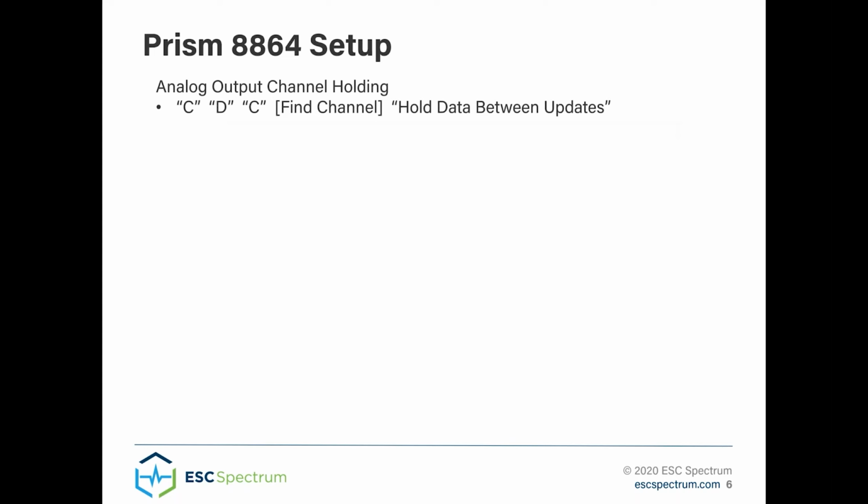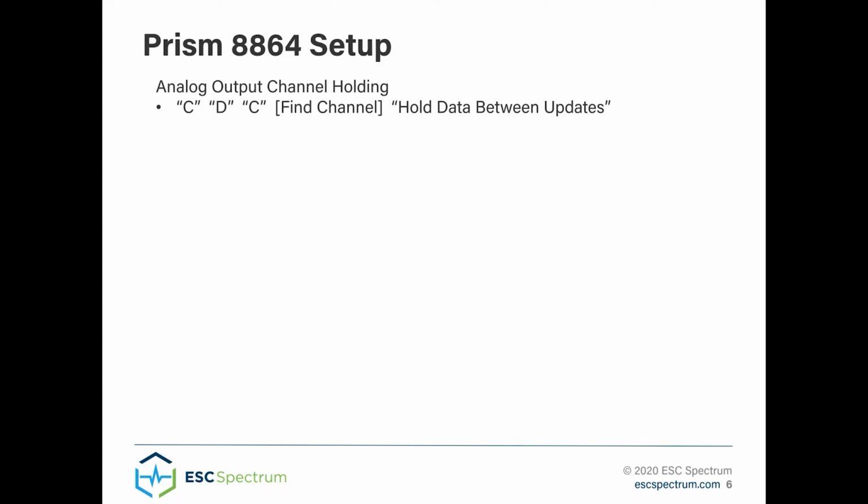The next one is the analog output channel holding. The 8864 does have the ability to drive analog outputs with an analog output card. When those are configured, the way Prism acts is we obviously drive and set the analog outputs, but then we always read back the analog output values. We don't necessarily trust that we've set it to 20 milliamps. We want to actually read back the value that that analog output tells us it has.